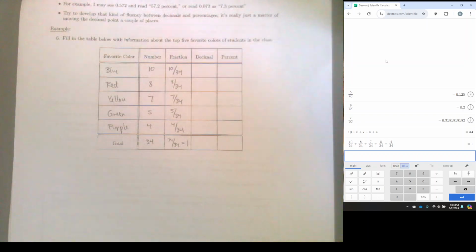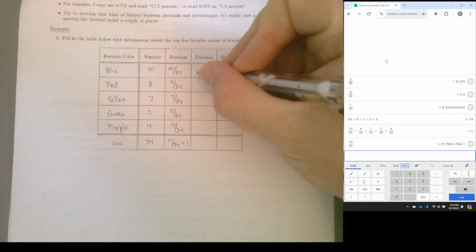To go from fraction to decimal, again, we just use the calculator. 10 out of 34 is about 0.2. Let's round to 3 decimal places.